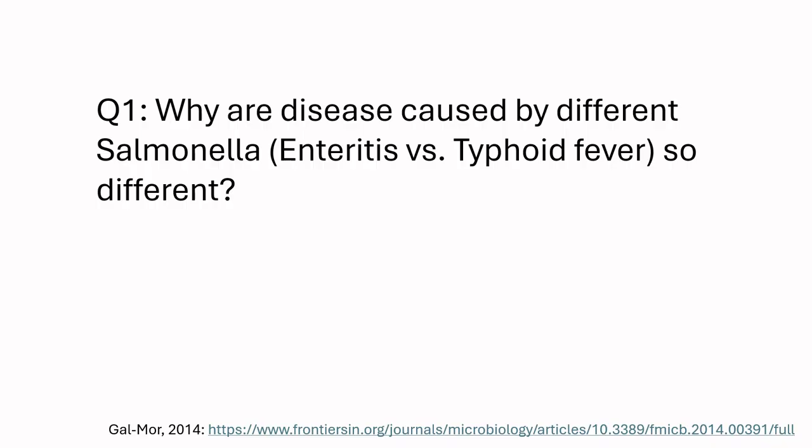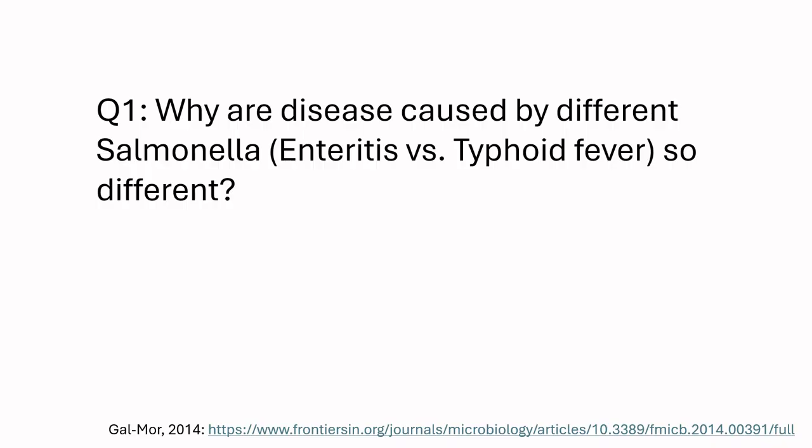Interestingly, this experiment was done in human volunteers. The reference that I'm giving down here is not the study itself, but a review talking about this difference between enteritis and typhoid Salmonella diseases. So it seems to be not only the Vi capsule, even though the Vi capsule plays an important role.